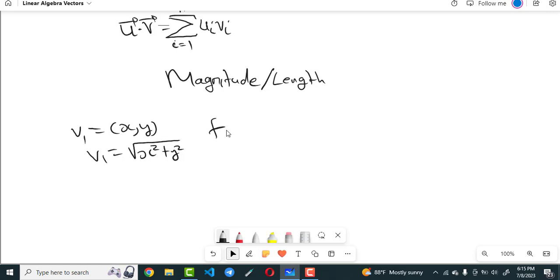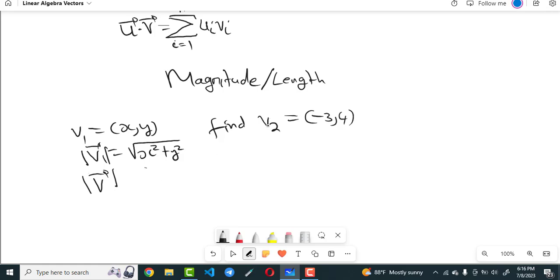For example, let us find the magnitude of position vector v2 with the values -3 and 4 on a vector space. The magnitude is represented by this symbol here, v with the direction for the direction vector. Okay, so here we have to remember to put this to represent the magnitude.